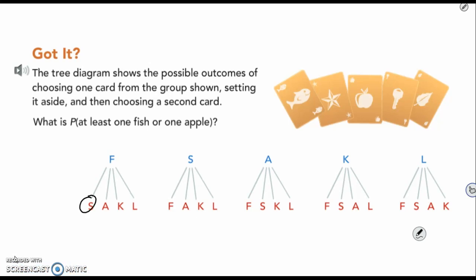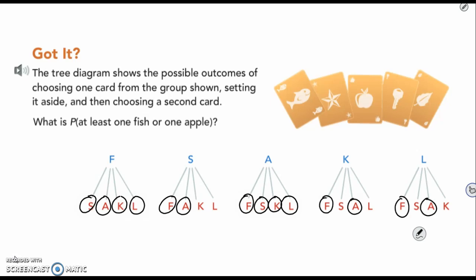Here we have 1, 2, 3, 4 possible outcomes selecting fish or apple. There are 2 possible outcomes here. There are 4 possible outcomes here. 2 possible outcomes here, and 2 possible outcomes here.